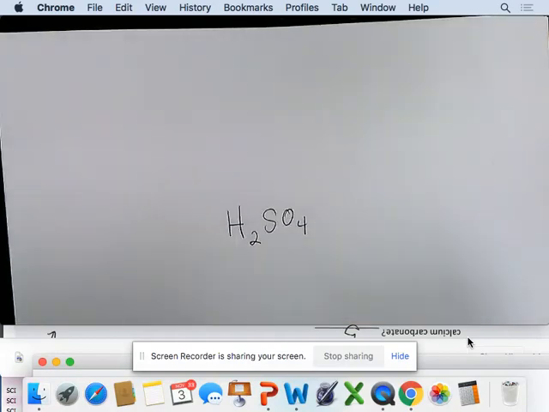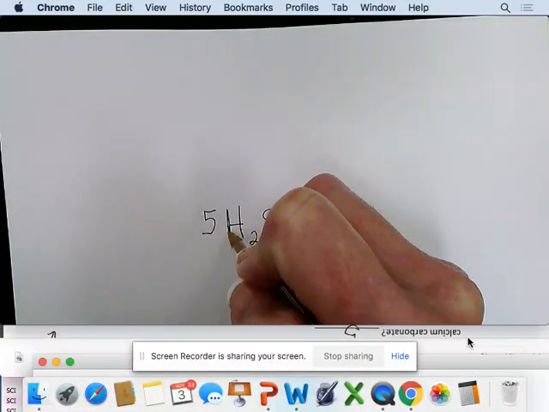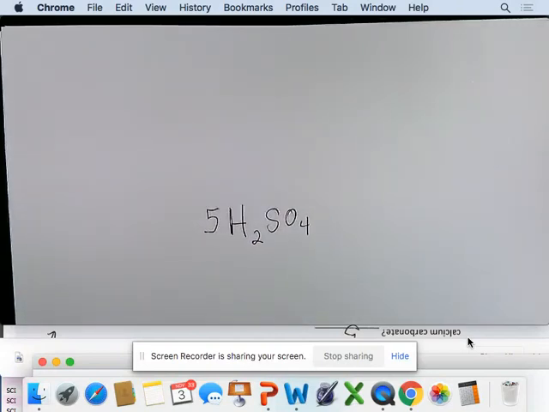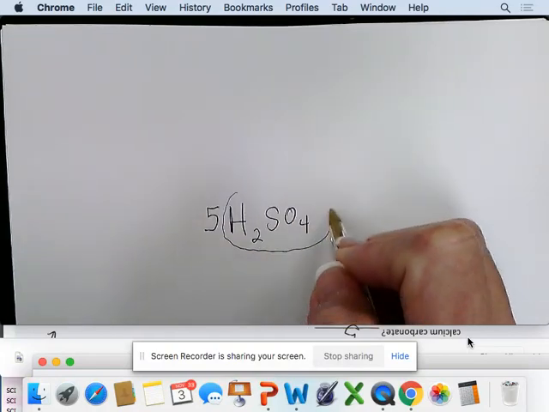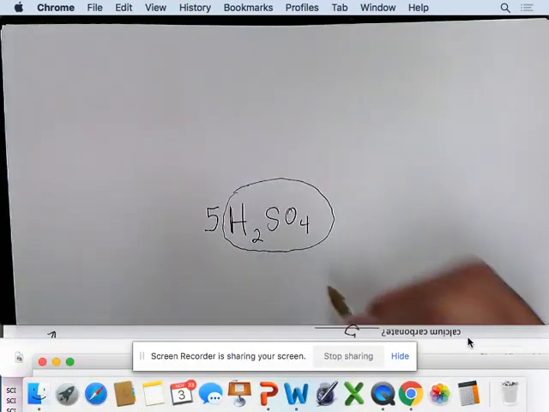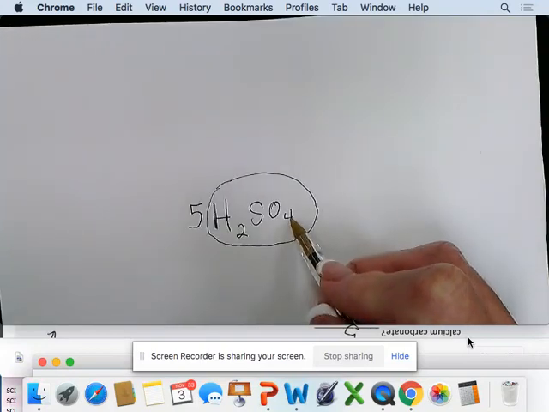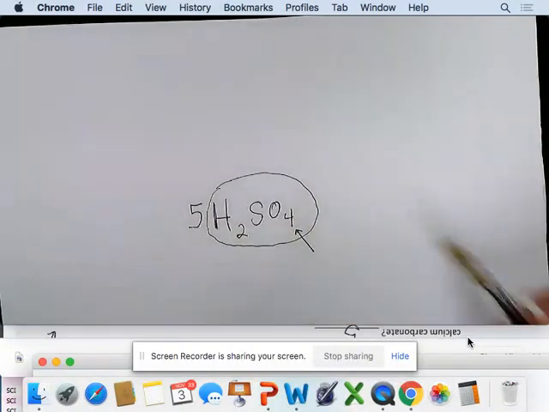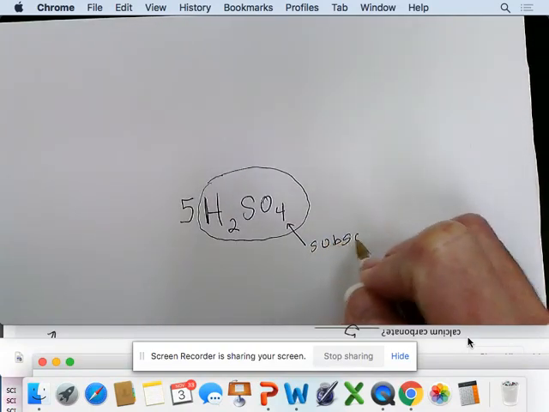And let's put a number 5 in front of this chemical formula, and I'll explain how to interpret this. So this is a molecule of sulfuric acid, and these little numbers that are down and to the right of the chemical symbols are called subscripts.